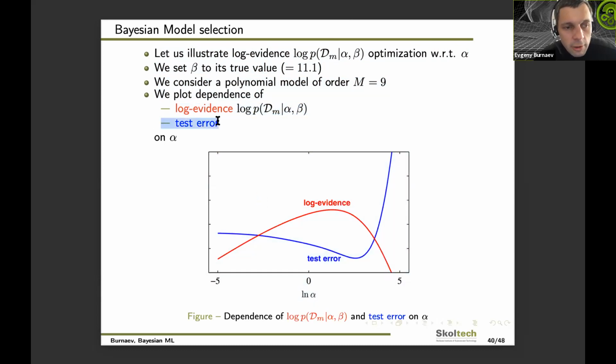And also we plot how the test error of the model obtained for this specific value of alpha looks. And so we see that test error is minimized with respect to this value of alpha, and log evidence is maximized with respect to almost the same value of alpha. So that means that log evidence is a good proxy for the error on the test set, and how it behaves on unknown hyperparameters.